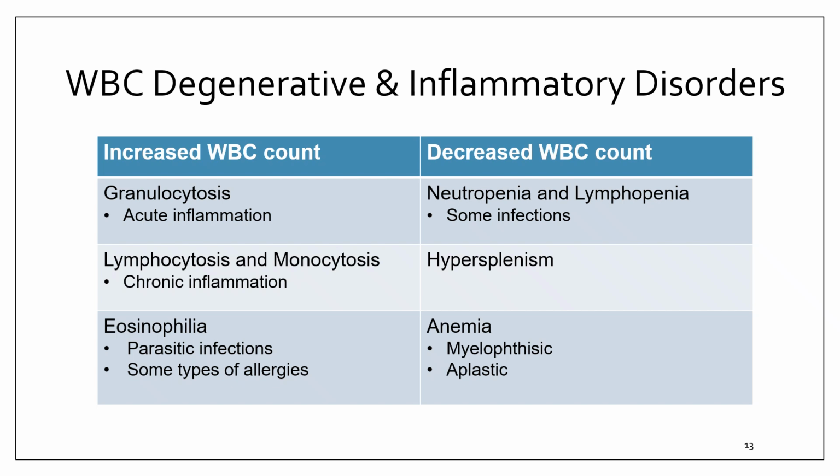White blood cell disorders are rarely random. They usually reflect infection type, duration of inflammation, bone marrow health, immune system activity, and splenic function. Neutrophils are the emergency responders, lymphocytes are the long-term planners, the monocytes and macrophages are the cleanup crew, the eosinophils are the parasite control, and the basophils are the allergy drama department.